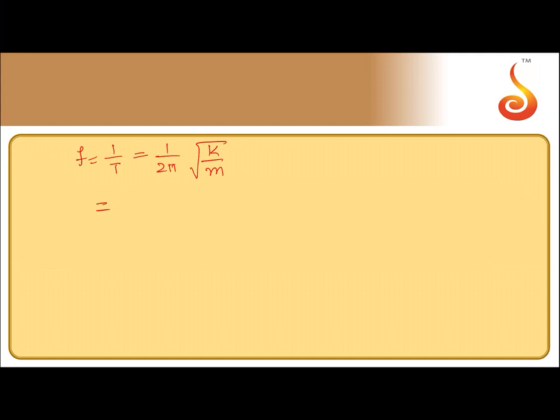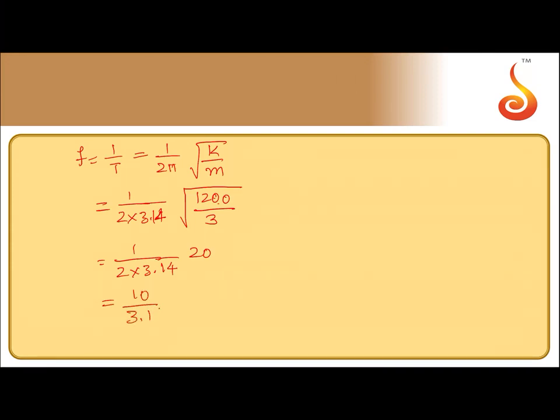Doesn't matter to what distance you have pulled it. So 1 by 2 into 3.14 into root of k is what? 1200 they have given. Mass attached is 3 kg. So this will turn out to be 1 by 2 into 3.14, into root of 400. Square root of 400 is 20.